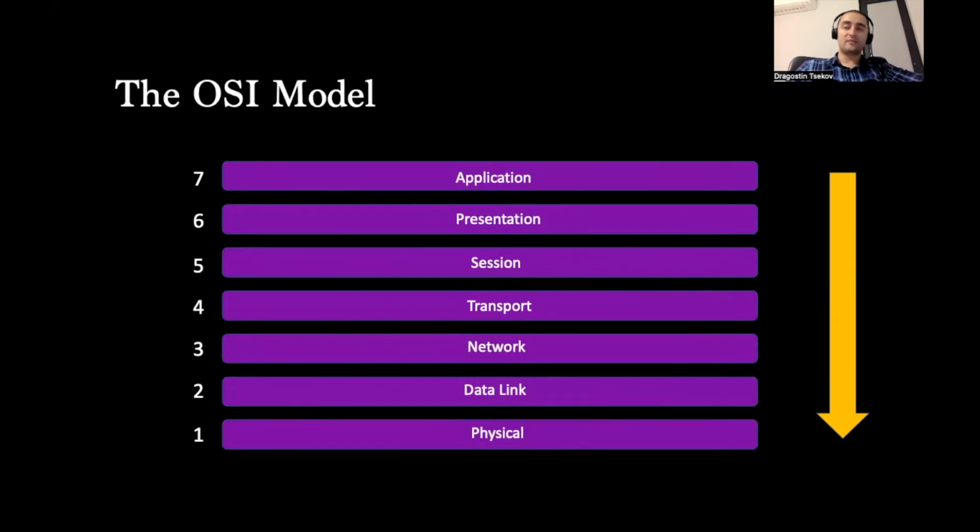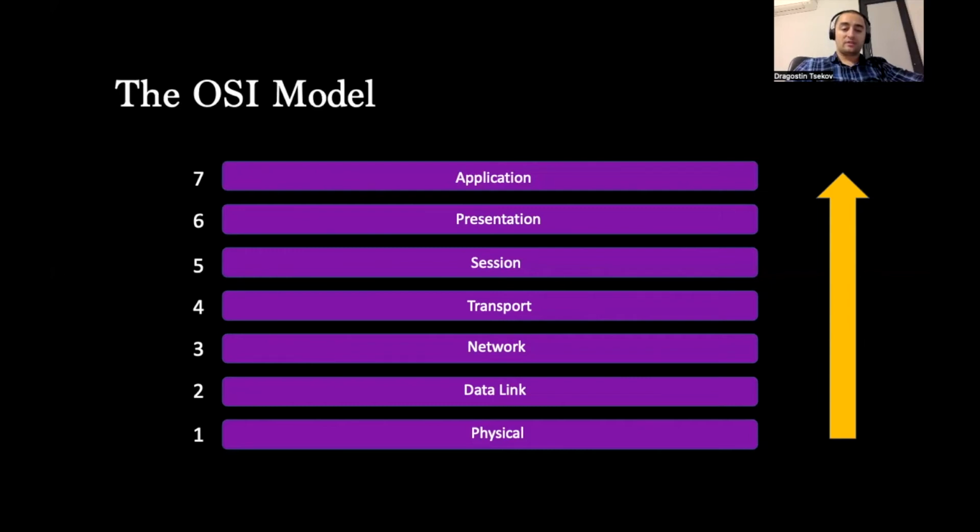In this case, it's by entering the email into the email client. And then the moment you hit send, this information is traveling down the OSI model all the way down to the physical layer. And then on the receiving end, it's doing the reverse thing, right? It's traversing from the physical layer all the way up to the application layer. This might not make too much sense right now, but hopefully it will in a moment.